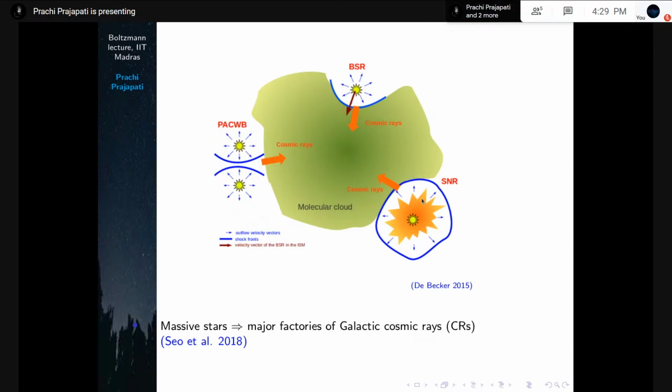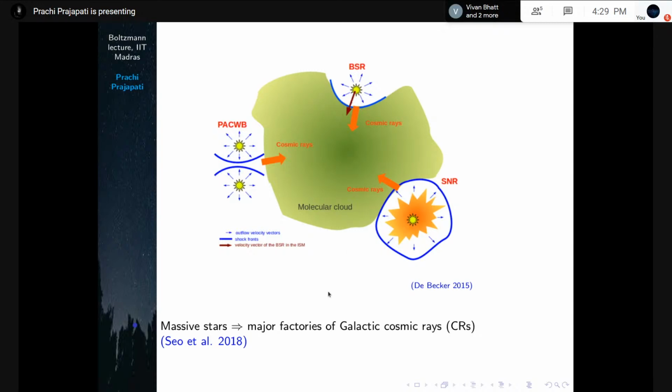The third one is very well known and well studied, which is the supernova remnant. At the end of the star's life, it explodes as a supernova, and the remnant, the material which is getting ejected outwards, can cause particle acceleration due to interaction with the surrounding medium. So these three are the scenarios in which massive stars are known to contribute as sources of cosmic rays.